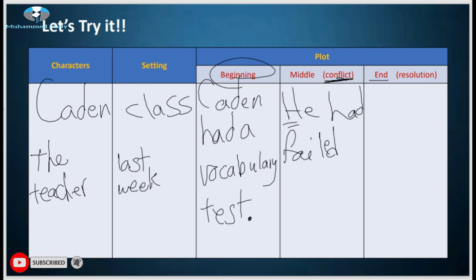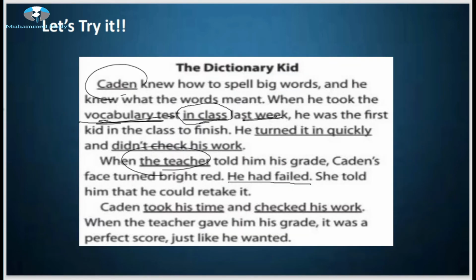Okay, now what about the end, the resolution? How was this problem solved? If you get back to the story, you will find that he took his time and he checked his work, he checked his answers before he turned his exam or test in.